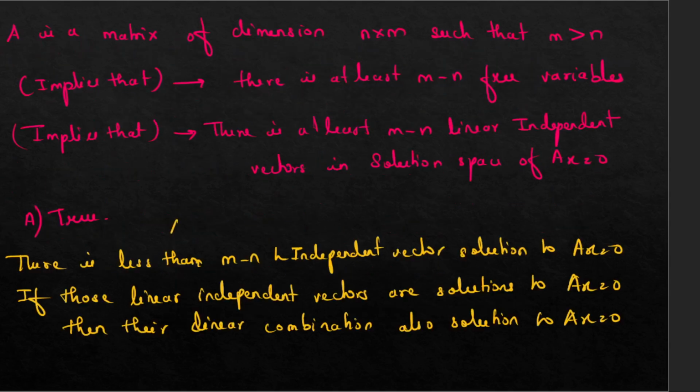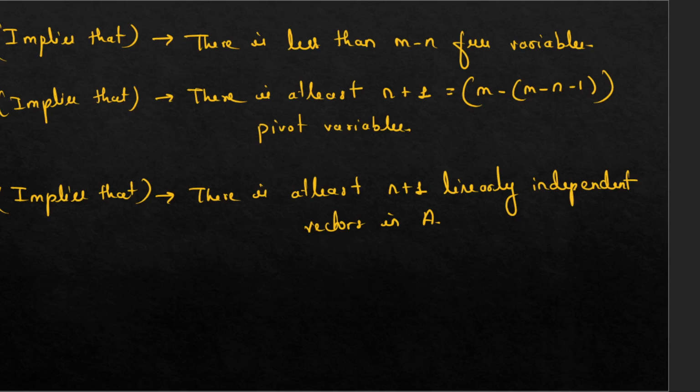So this is by the contradiction method we have proved. We have assumed something, and after that when we have done the implications and derived it, we have proven that our assumption is wrong. All right everyone. So I hope option A is absolutely clear.